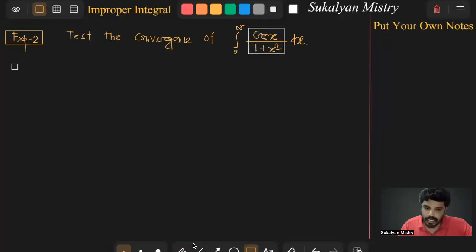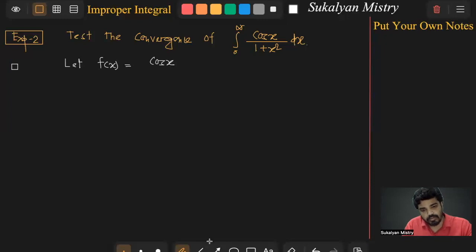Here f(x) is this. So let f(x) is equal to cos x divided by 1 plus x squared.